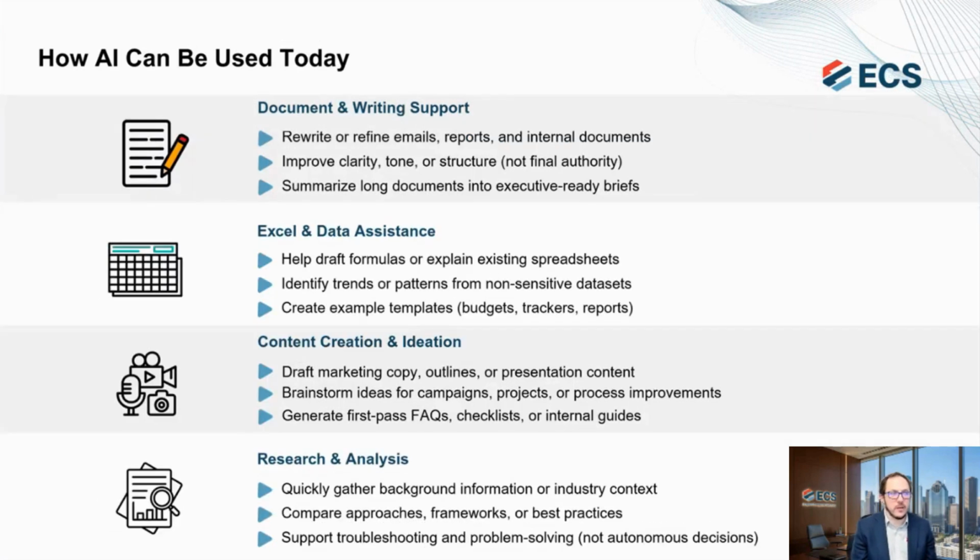We are very far along from using AI just to rewrite emails. It is one of the use cases for it, but you can do a lot more with it. You can rewrite data in Excel, it can give you ideas, you can research and format the work that you have.